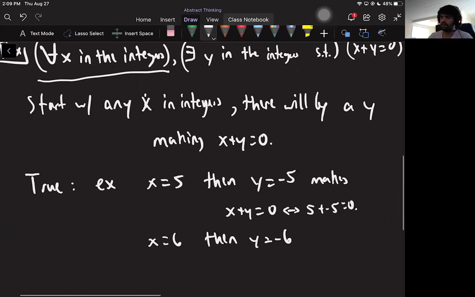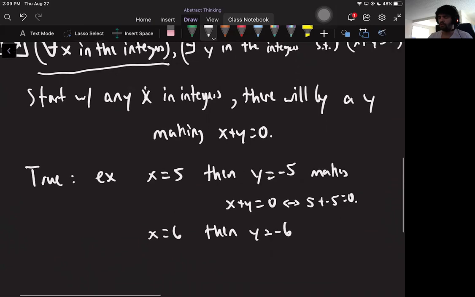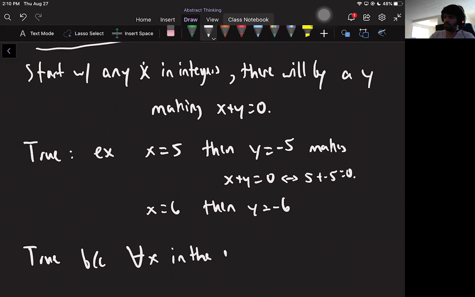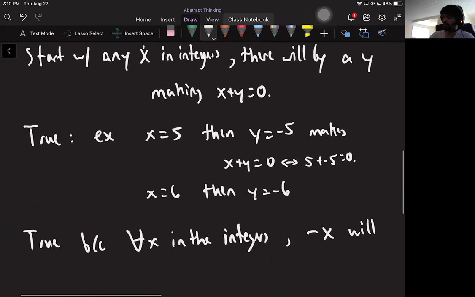Same idea. So in general, why is it true? It's true because for any x in the integers that you start with, then -x will be the y that you need.